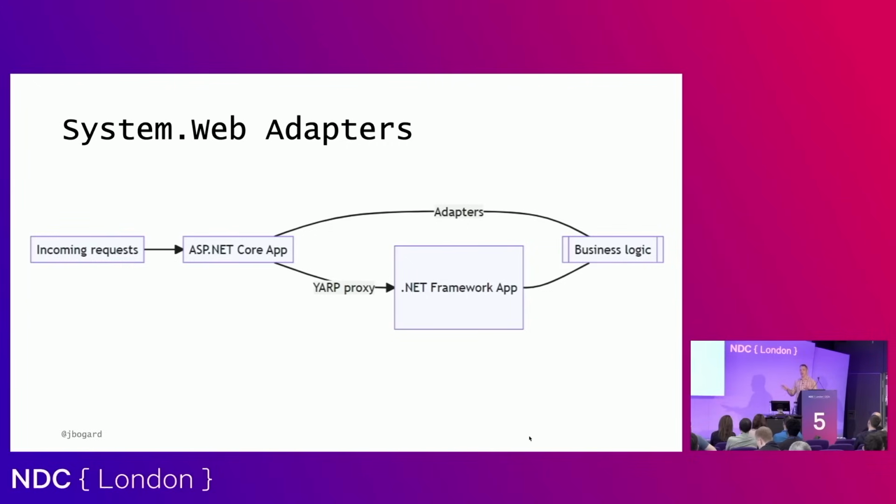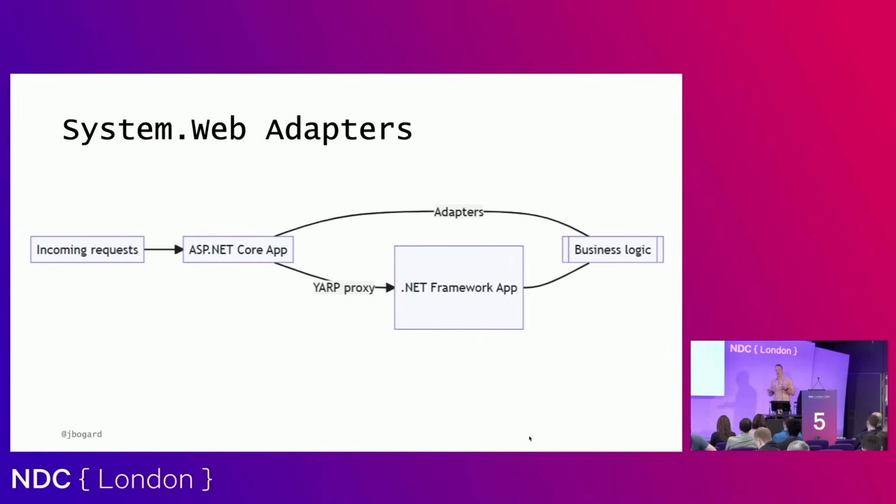It's completely different than the one that exists in the .NET Framework application. So what the adapters do is detect where you're running, and if you're running in ASP.NET Core, your System.Web HttpContext will forward automatically to the real objects. And if you're over in .NET Framework land, then it'll just use those objects out of the box.